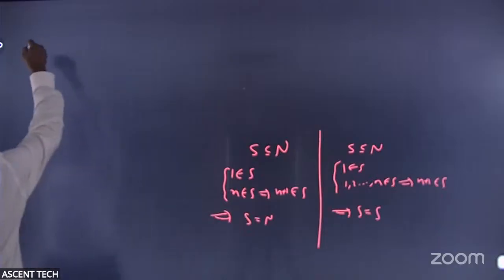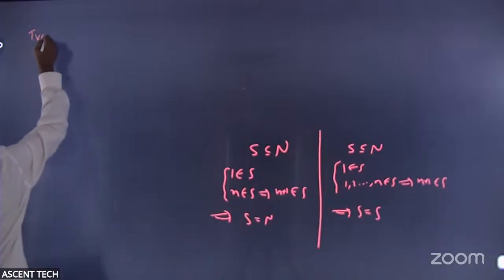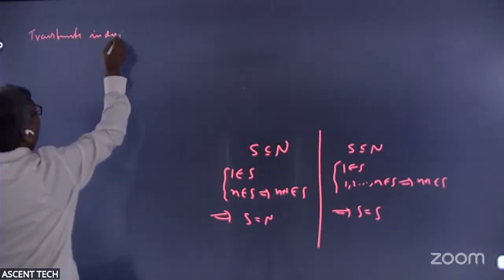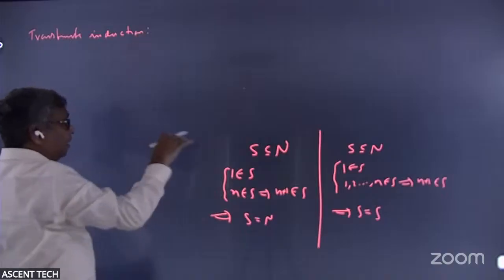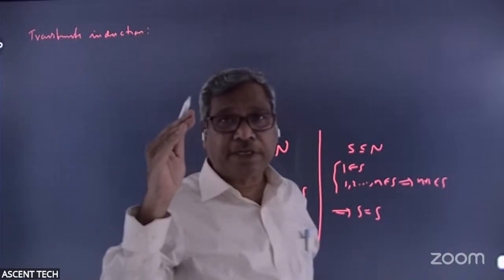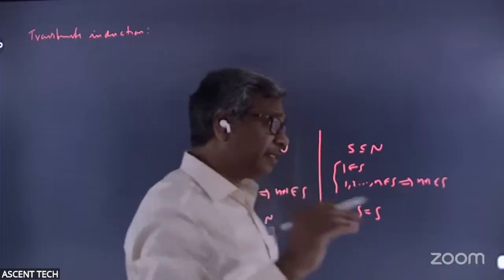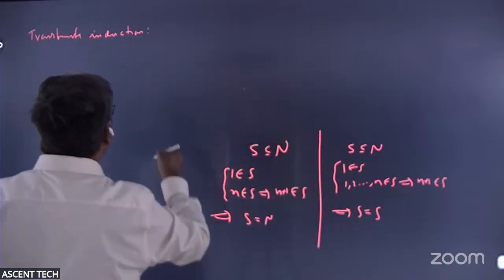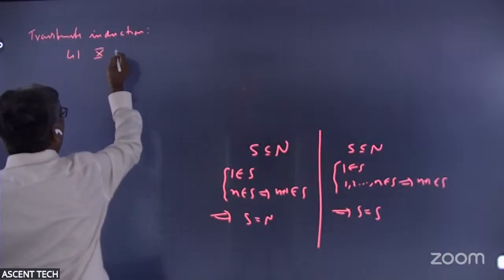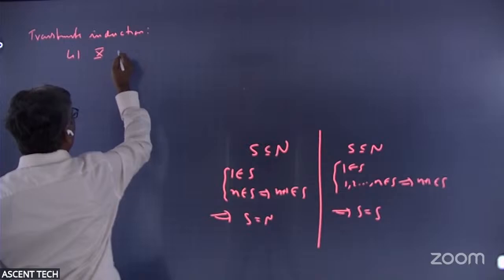We can have transfinite induction. I don't need a natural number set. I can just have a well-ordered set and introduce transfinite induction in the well-ordered set. So let X be a well-ordered set.